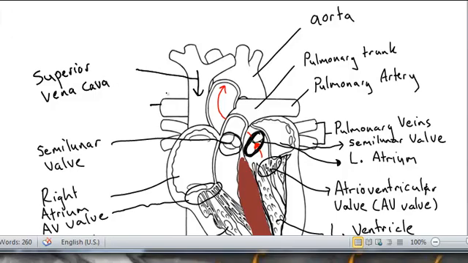And again, this is going to be the right pulmonary artery. And these two here together would be the right, sneak it in here, pulmonary vein.